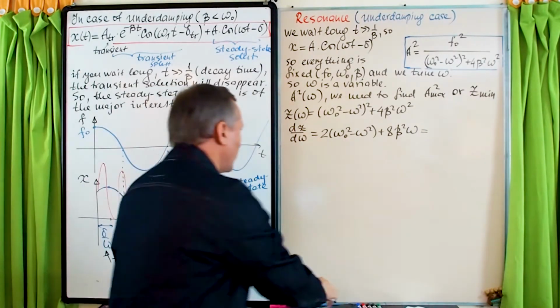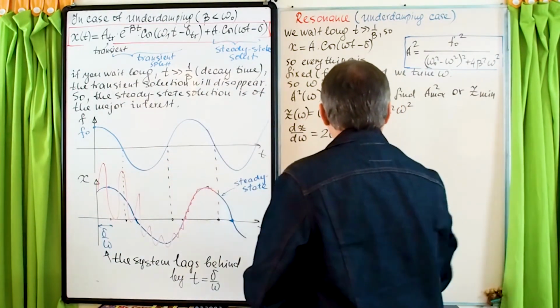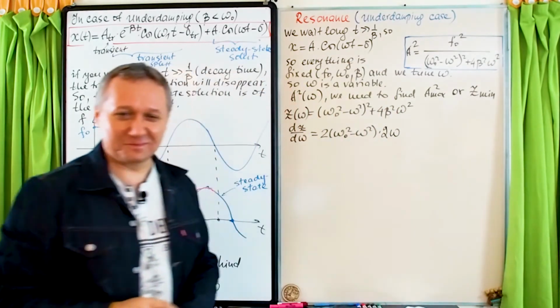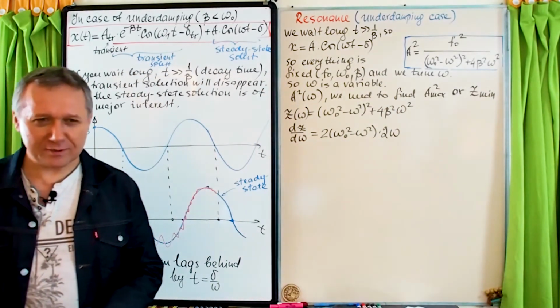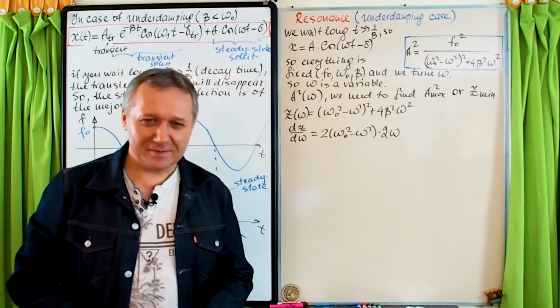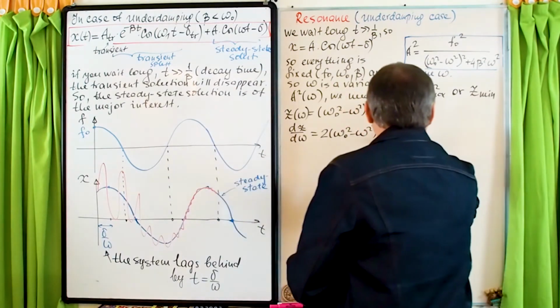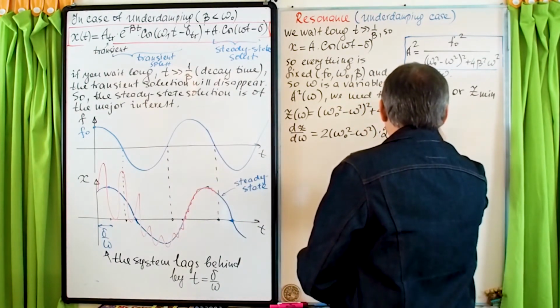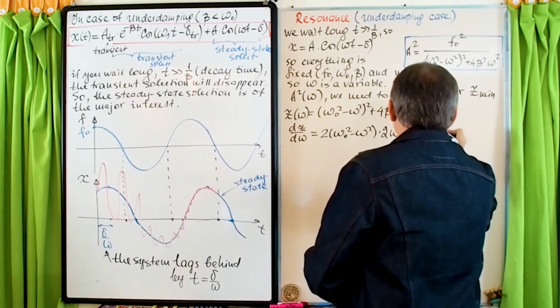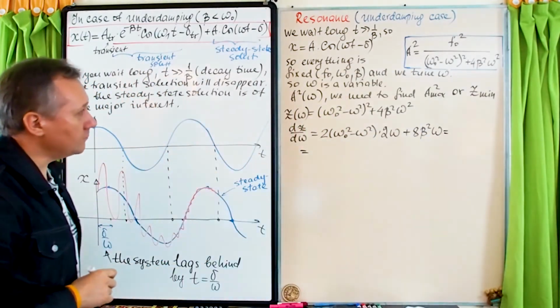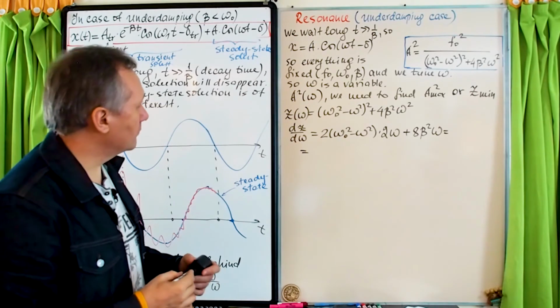No, nope, not enough. Times 2 omega. I'm looking, something is not right. Times 2 omega, and then plus 8 beta squared omega, right? Would it be times negative 2 omega?